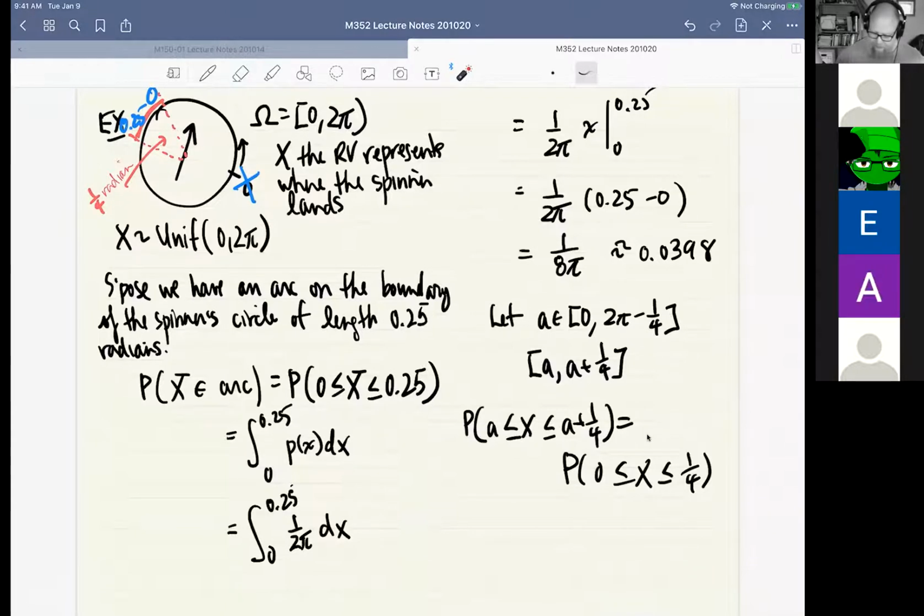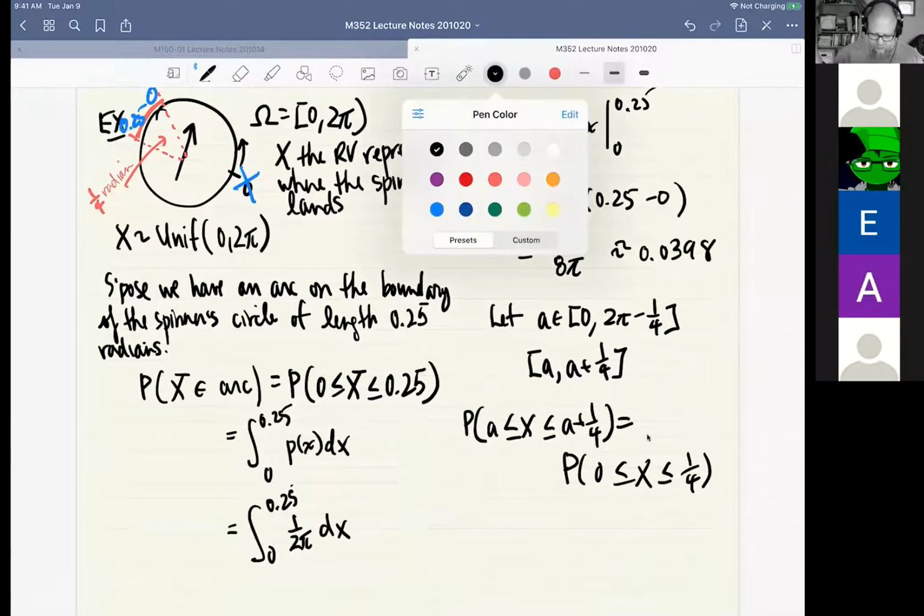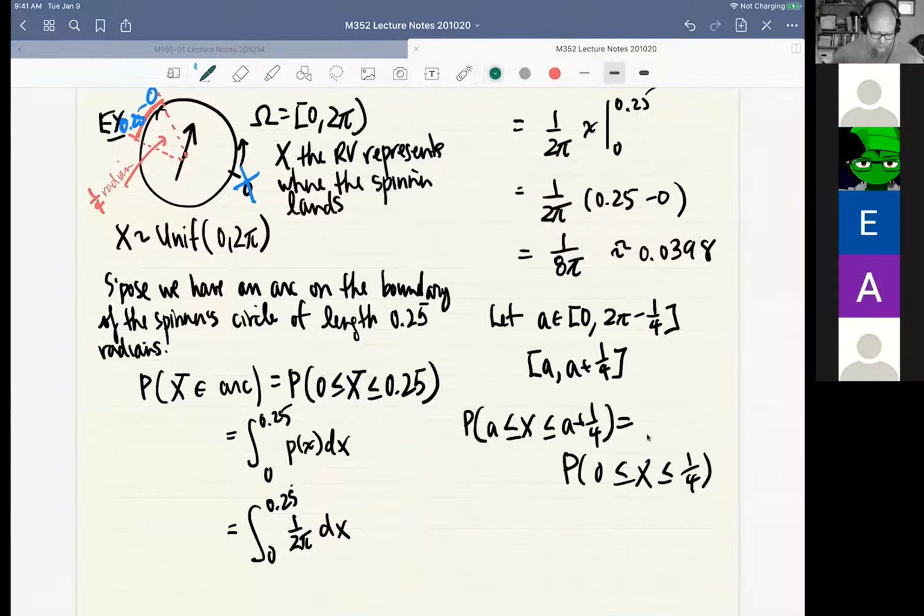I will close this example by asking, how would we use R to do this calculation? We want to calculate these probabilities here. I told you that we could use the cumulative distribution functions, the CDF.